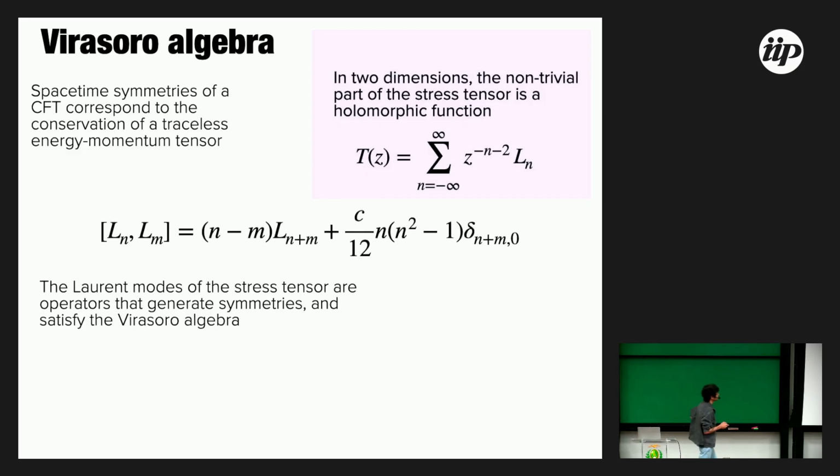When you quantize the theory, these coefficients become operators, which make T an operator, and they satisfy a commutation algebra, like angular momentum, when you quantize, satisfies a commutation algebra, etc. The algebra that these Ln modes satisfy is called a Virasoro algebra, and it looks like this.